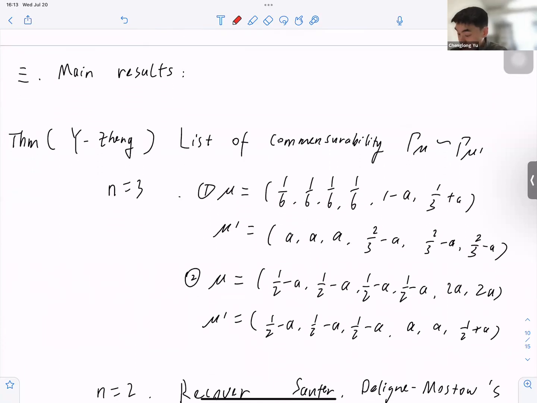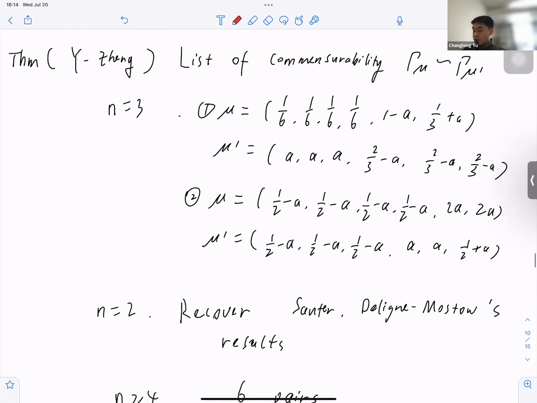This is a collaboration with Zhiwei Zheng. We have a list of commensurability results for those groups in the Deligne-Mostow theory. For n equals 3, we have two infinite lists of examples. So we have 6-tuples, and mu and mu prime are related in this form.